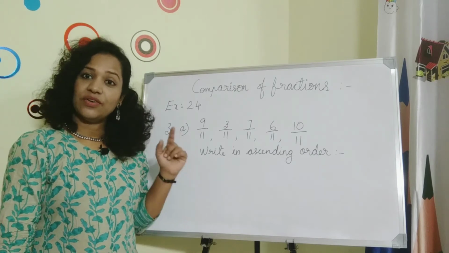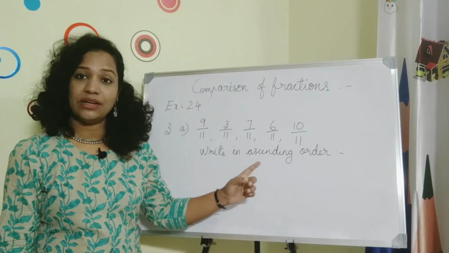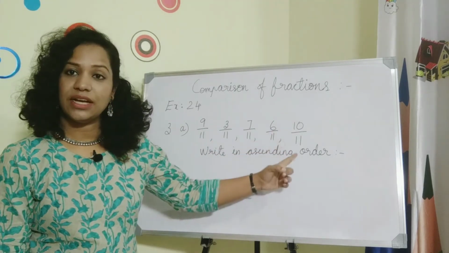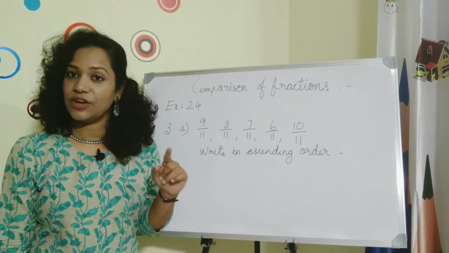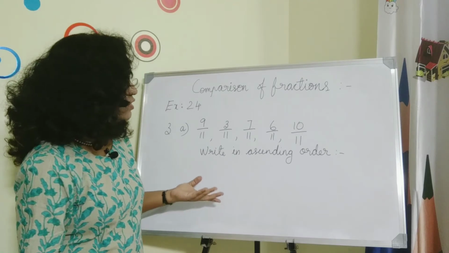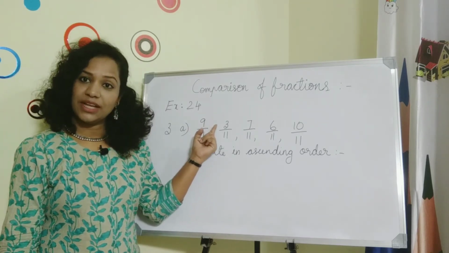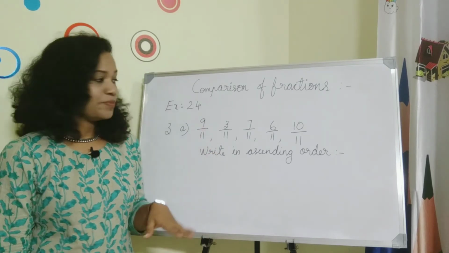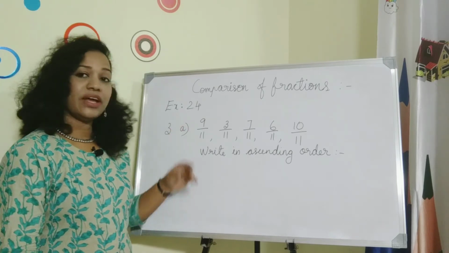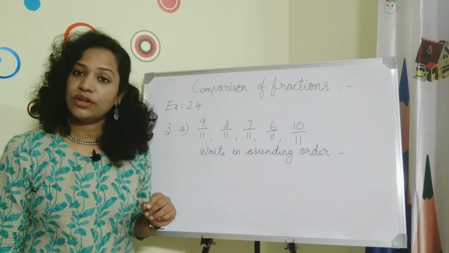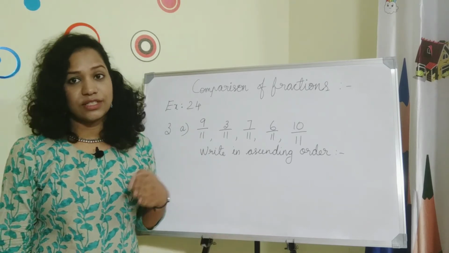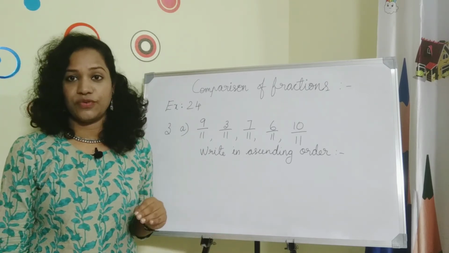So here, which is the biggest numerator? It is 10 by 11. So 10 by 11 is the biggest fraction. So which is the smallest fraction here? 3 by 11. Right. We have to write these fractions in ascending order. So how do we write in ascending order? We should write the smallest number first.